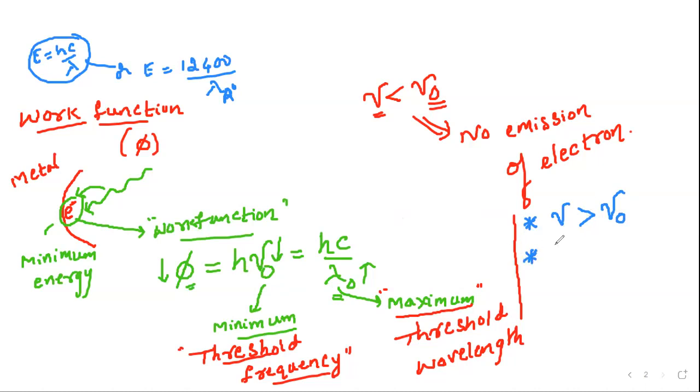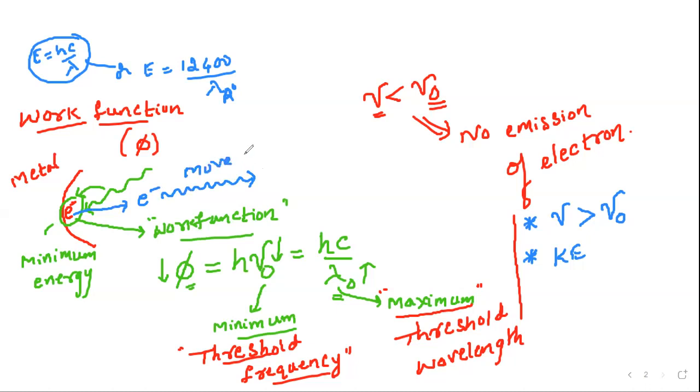Second condition, whatever the kinetic energy is there in the electron, because after this electron emission, this electron starts to move towards the anode.